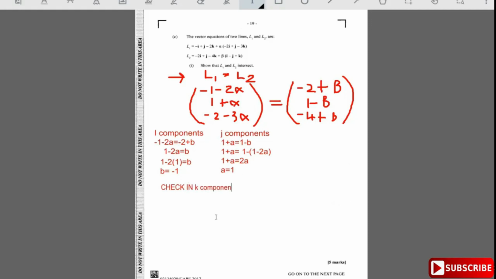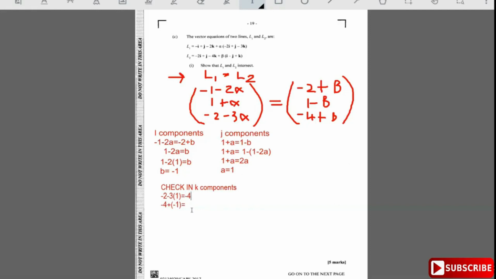So we're going to check to see if it is true in the K component. In the K component, we're getting -2 minus 3 times alpha, and alpha is 1. We need to check to see if that is equal to the other side, which is -4 plus beta, which is -1. So checking the first one, -2 minus 3 times 1 is -5.